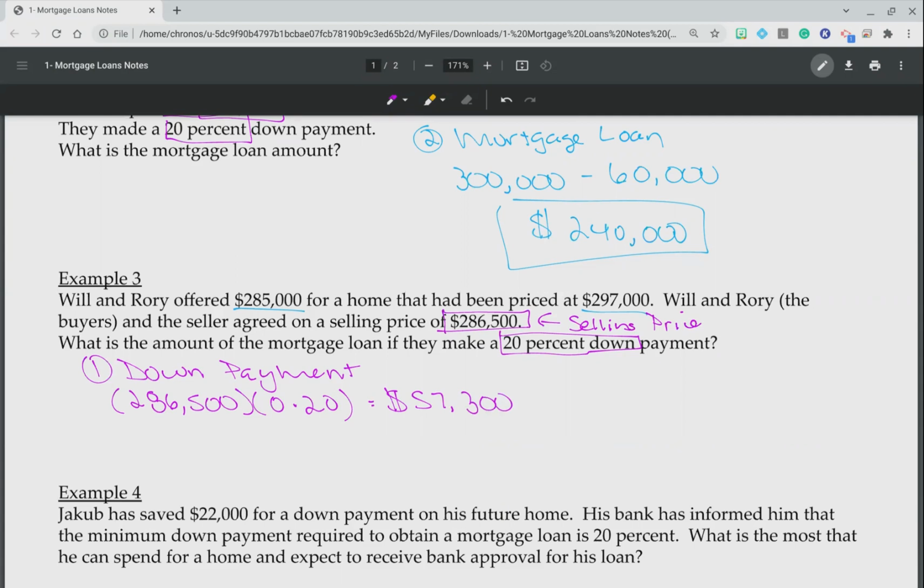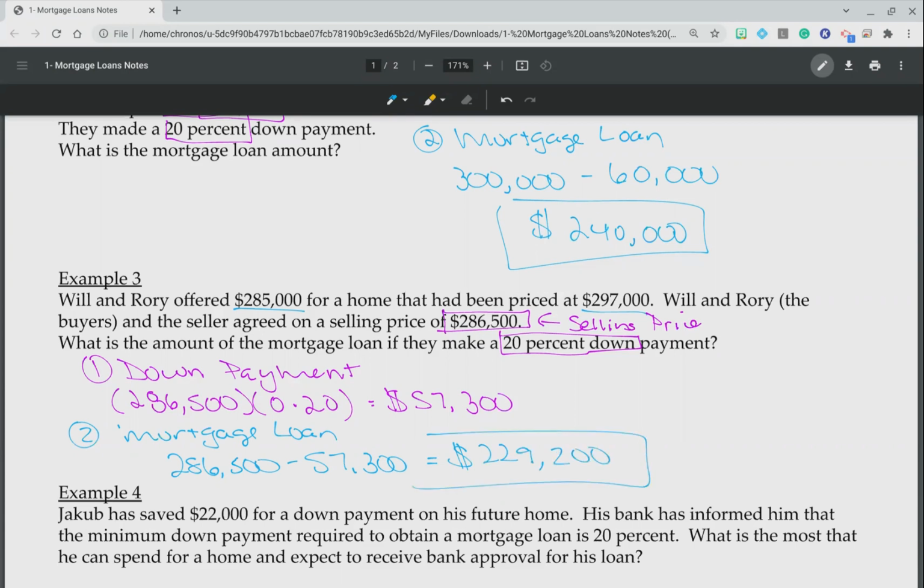All right, so that's how much they are paying up front for the house. Now to find my mortgage loan, again, all I have to do is take my selling price and subtract how much money I gave for my down payment. So my mortgage loan is going to be for $229,200.